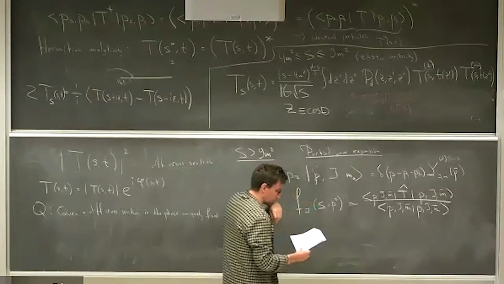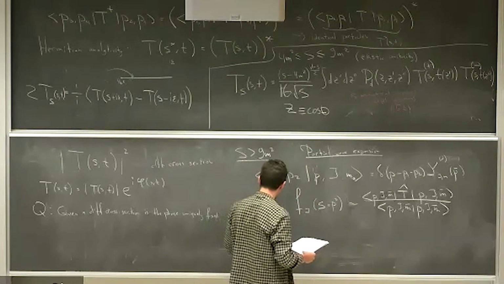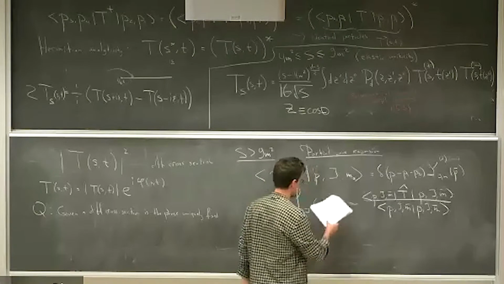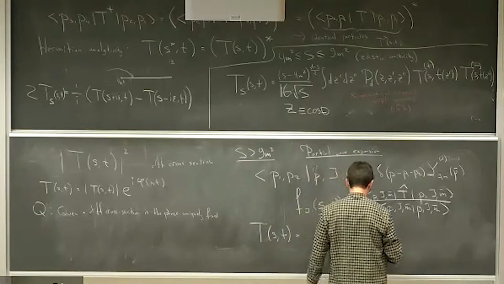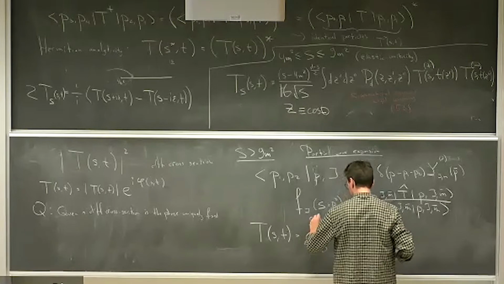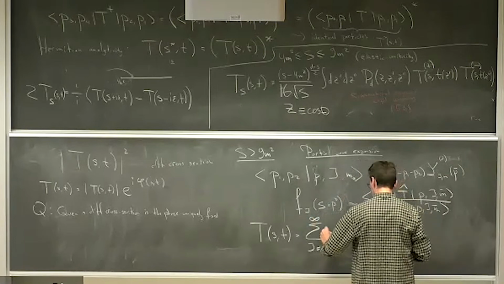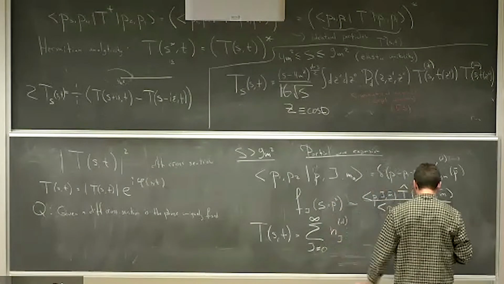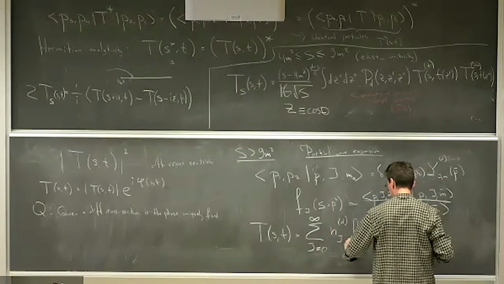And then we can take our matrix T, S-T, and expand it in this basis, and we find that we get the sum over spins all the way to infinity. There is some normalization factor. It's in the notes. I will not write it.